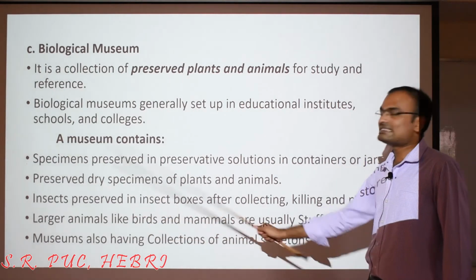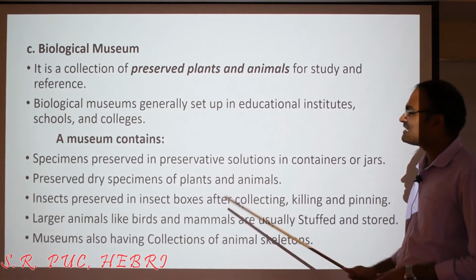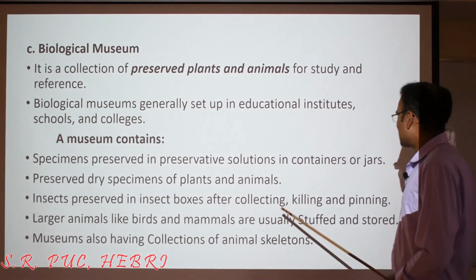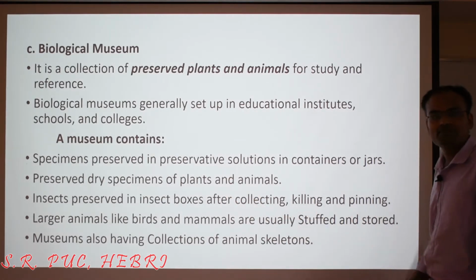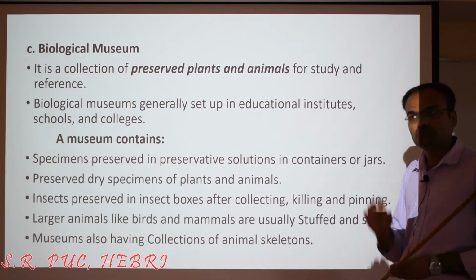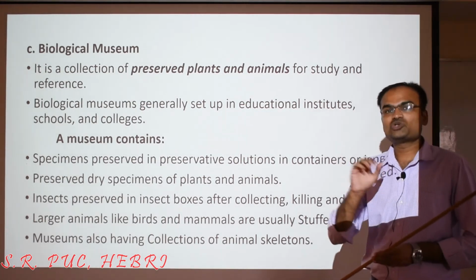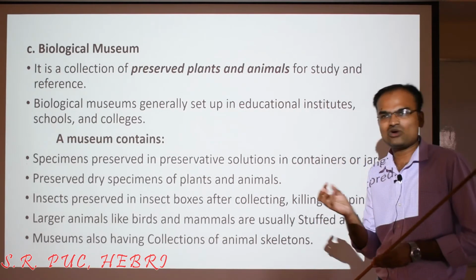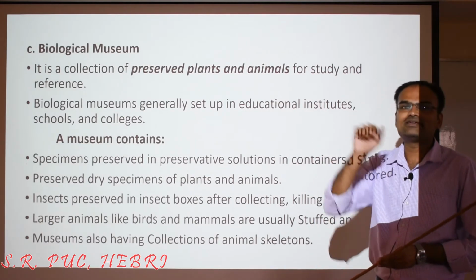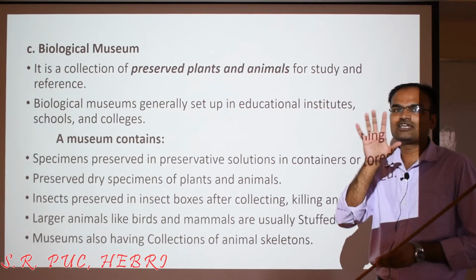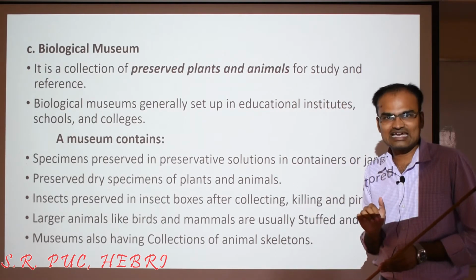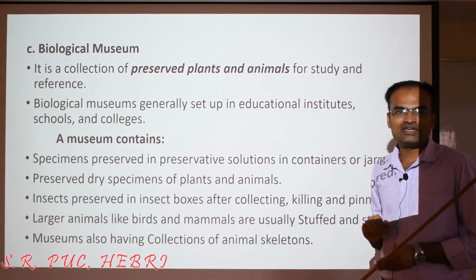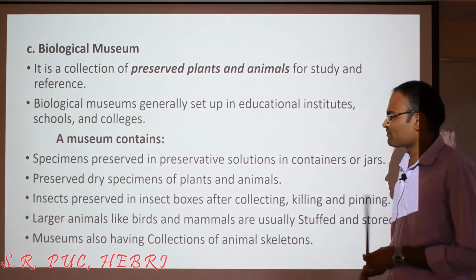Third, insects are preserved in insect boxes after collecting, killing and pinning. Insects are not preserved in any solutions. They are collected in an insect box where they are killed and pinned, just like we pin a notice to a notice board. Like that, the insect is pinned into the insect box.